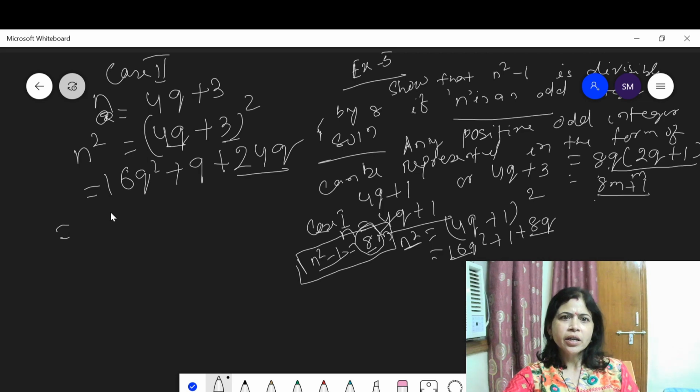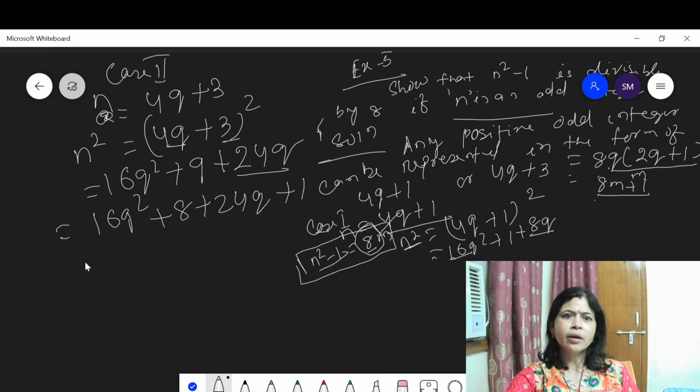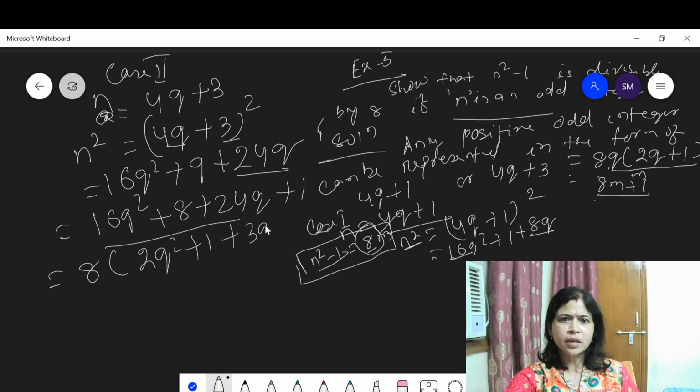Then this is 16q square plus 9 plus 24q. Writing 9 as 8 plus 1, taking 8 common, you get 8 times 2q square plus 3q plus 1, plus 1.